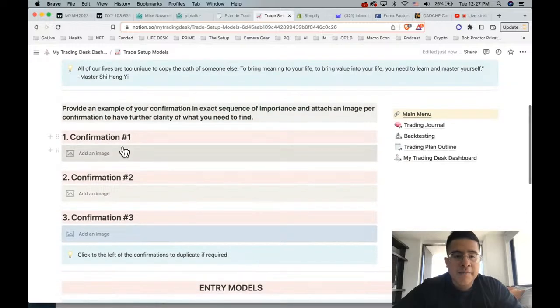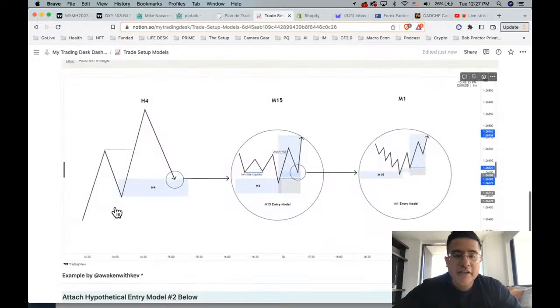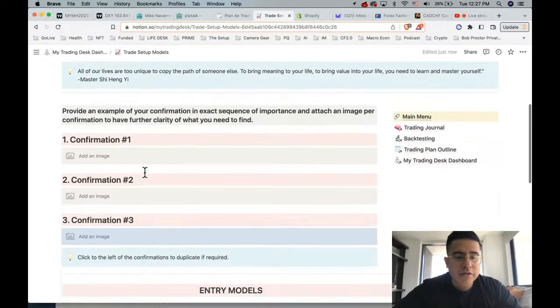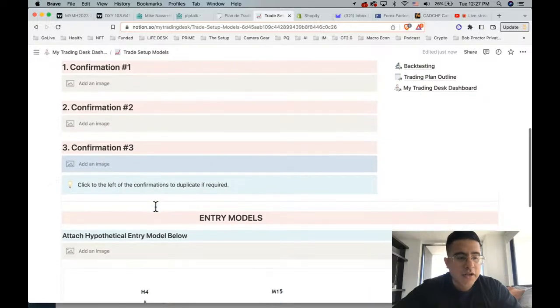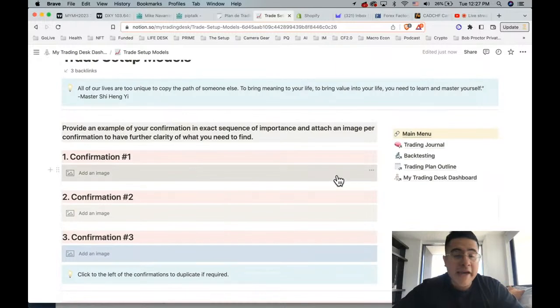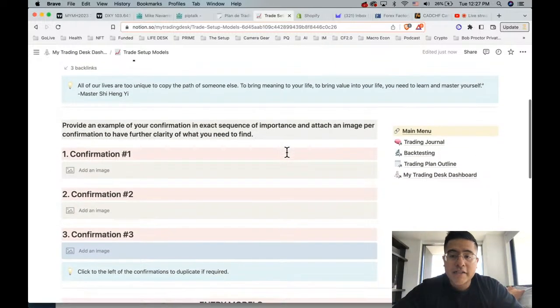So you can now copy this and then make it happen for an entirely different setup model. All right, and so what I'll do is I'll actually give you guys a little more customization in a little bit, but that's now the trading plan outline, the trading setup models, and how you guys can do this.